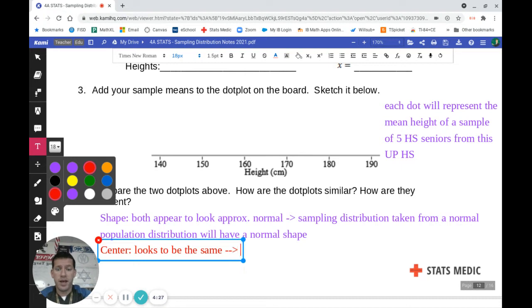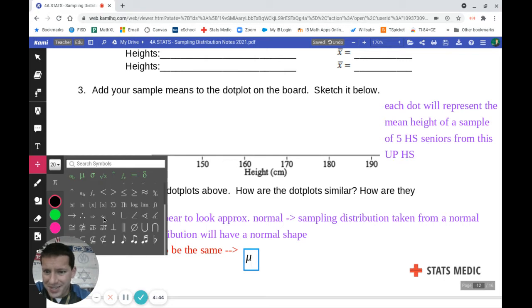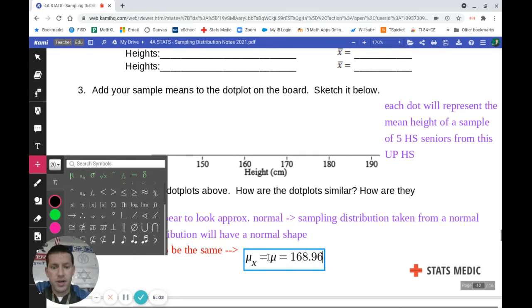And so what we learn from that is that the mean of our sampling distribution of means, and we're going to change that to x bar real quick to talk about our sample mean, will equal our population mean. Which is going to be the same as what we started with at 168.98.